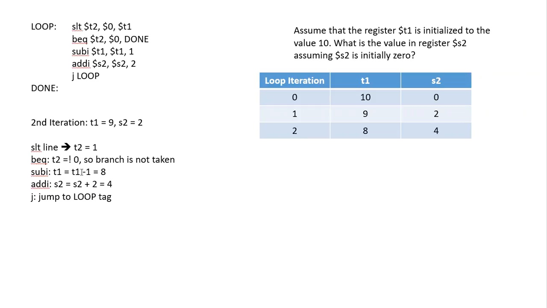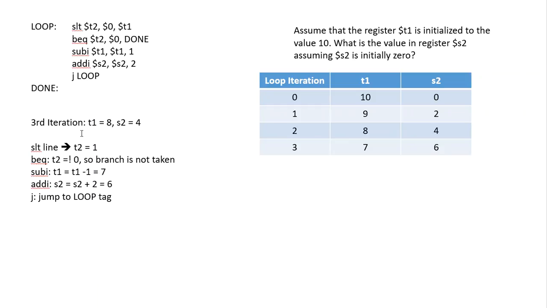Subtract another 1 from T1, and that gives us 8. With our add immediate, we'll add a second 2 to get the value of 4, and jump back up to the loop tag, the very beginning of our instructions. So here we have our updated table.